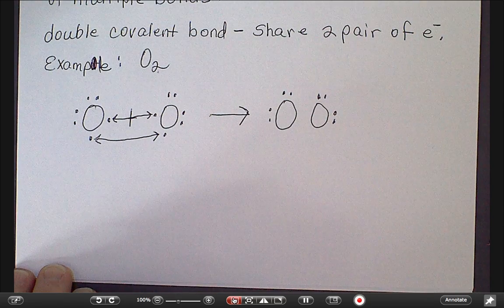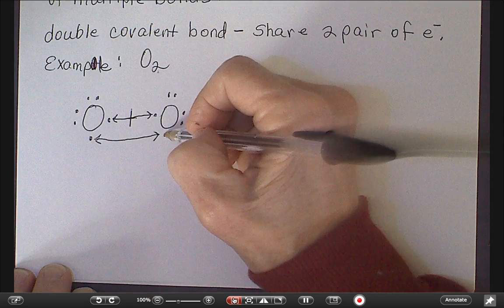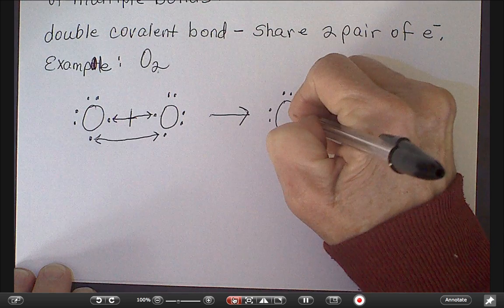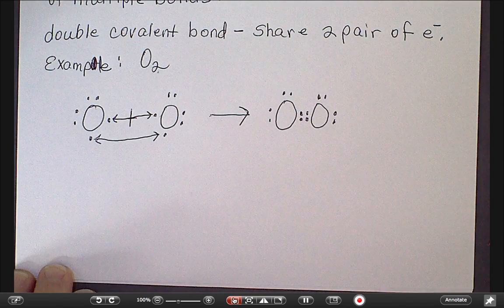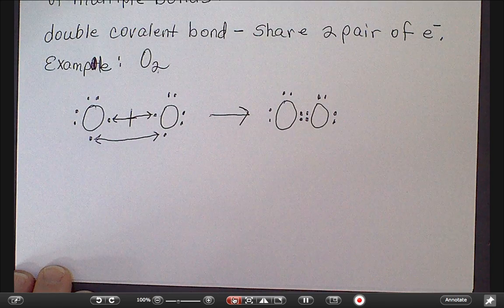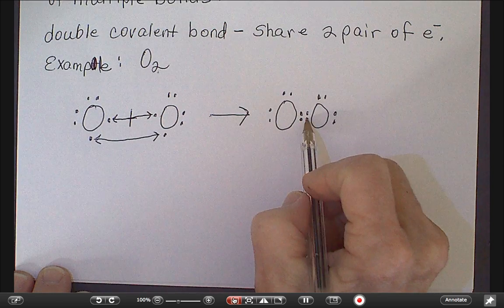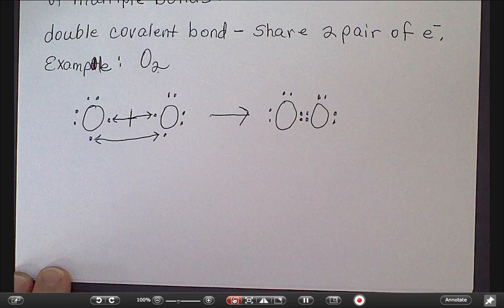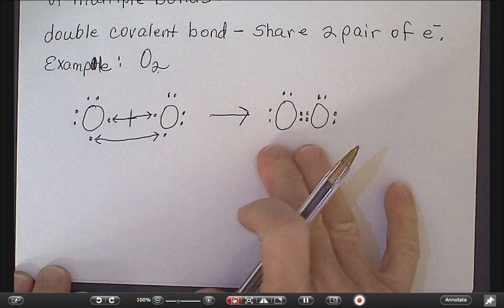Now then, where we're pairing these two up, there's one pair, there's two pair. Now, can you see that this is a double bond in the middle? Everybody see that? Okay. Do you see that?